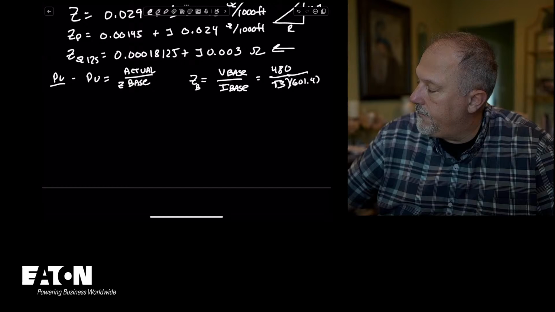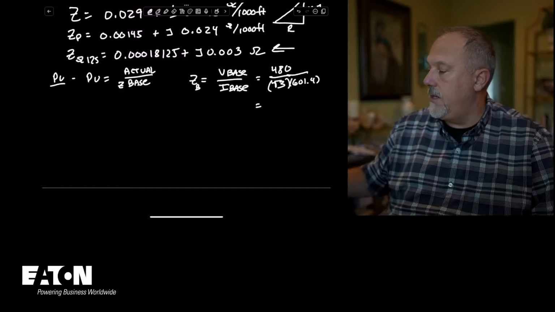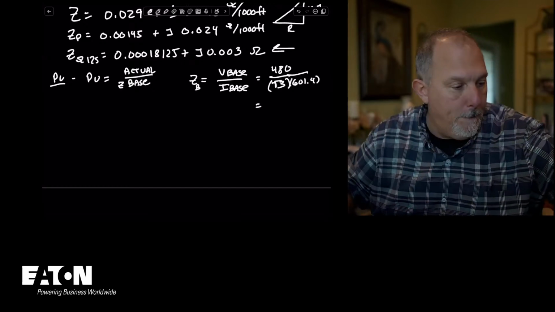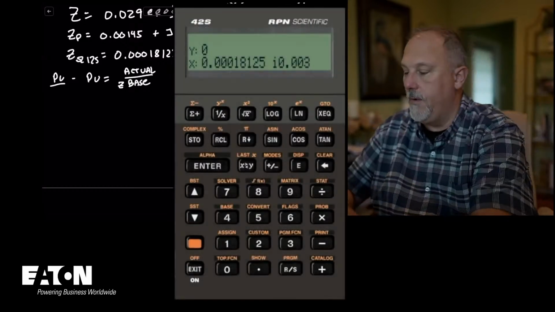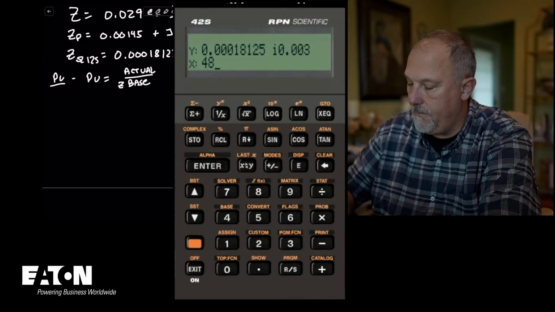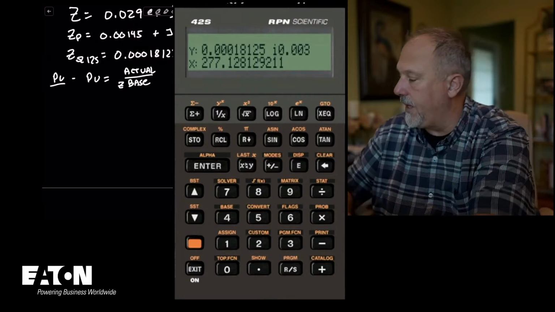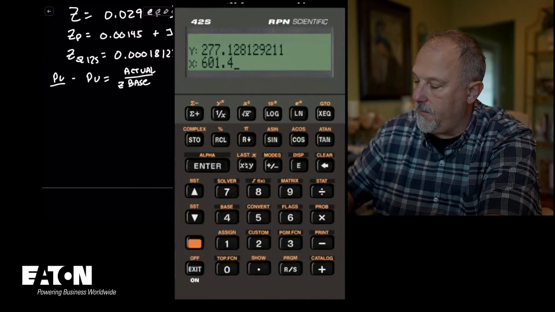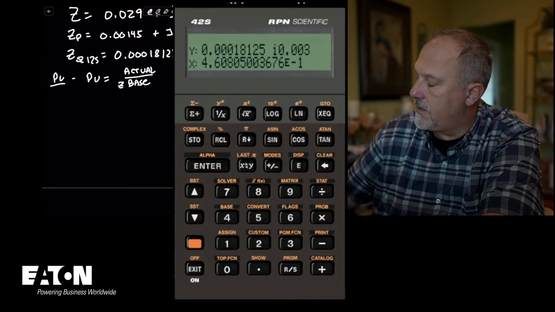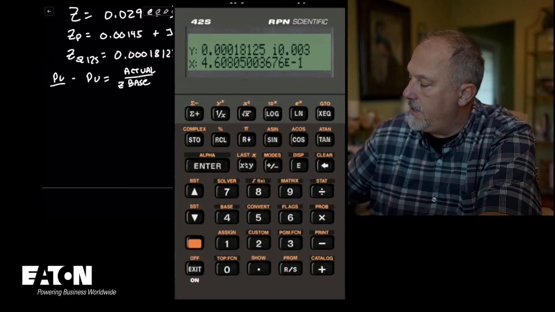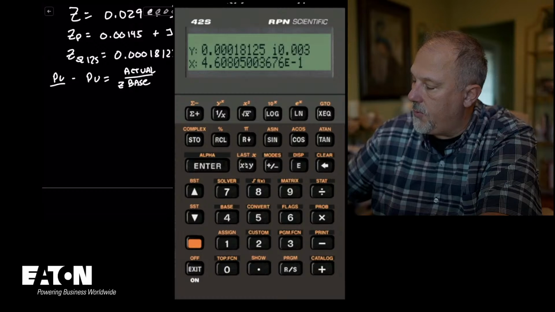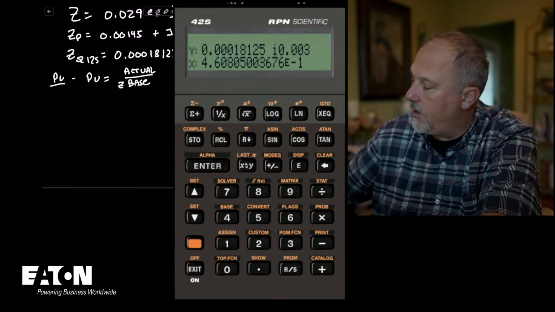So 480, square root of 3 divide. That gets you to single phase. 601.4 divide. Z base is 0.4608.